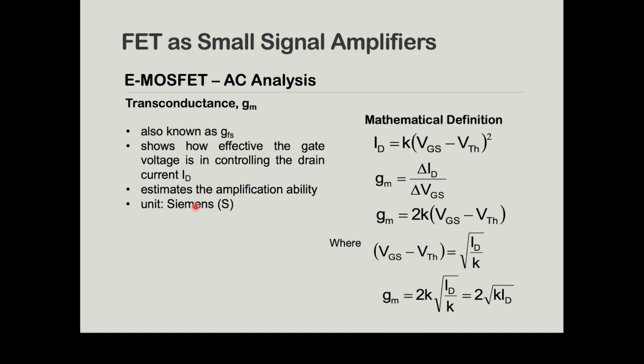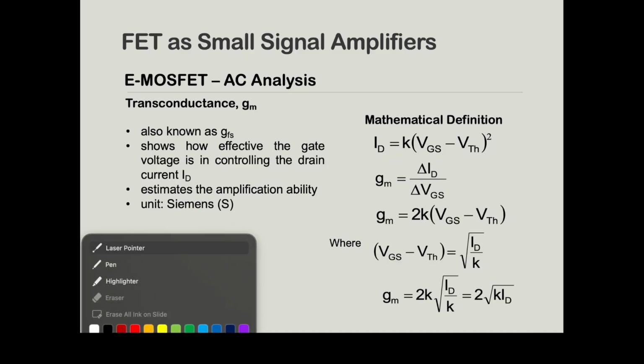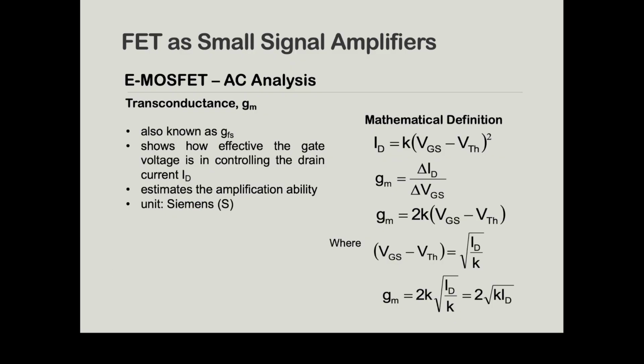So here are the mathematical formulas that you need to remember, or that we will use frequently in analyzing the AC analysis in MOSFET. First of all, this is the same as the DC analysis MOSFET formula, which is to find ID equals K times (VGS minus the threshold voltage) squared.